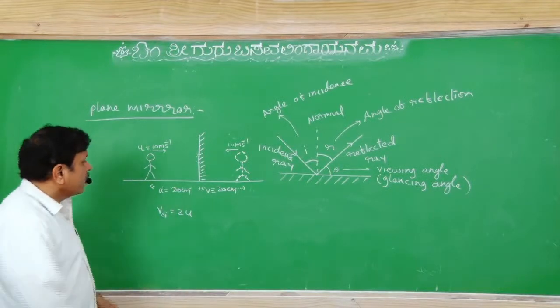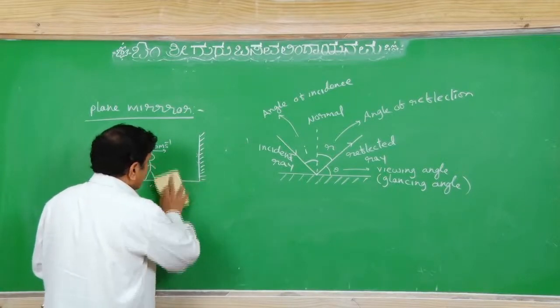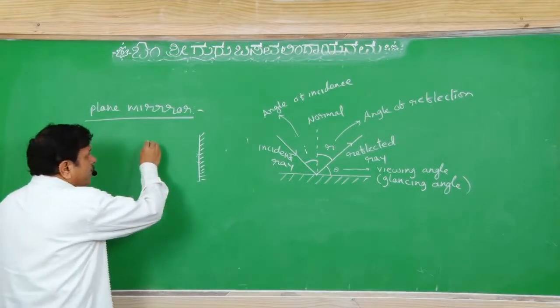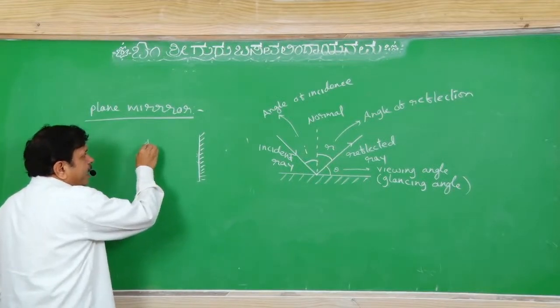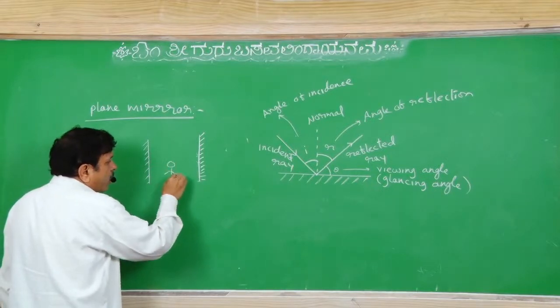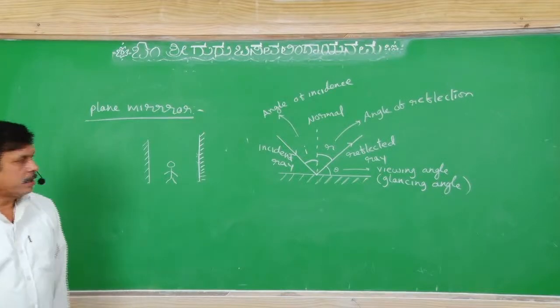Now, suppose we have taken 2 mirrors and a person is standing in between them. There is one general formula.